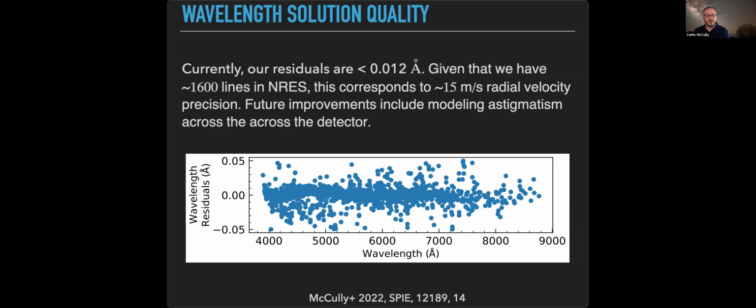So one thing I do want to advertise is that we have a lot of time, and I would say these instruments are currently underutilized. They can be used for, say, recon spectroscopy before you need to put a big 8-meter class telescope on it and try to get a really high precision radial velocity.